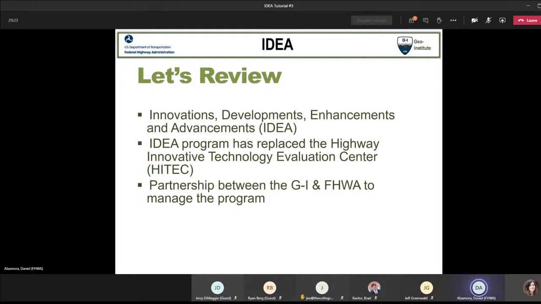We talked about the partnership that the Federal Highway Administration has with the Geo-Institute. As Jeff mentioned at the beginning, the IDEA evaluations and information about state DOT requirements are all going to be housed under the Geo-Institute's special projects website.